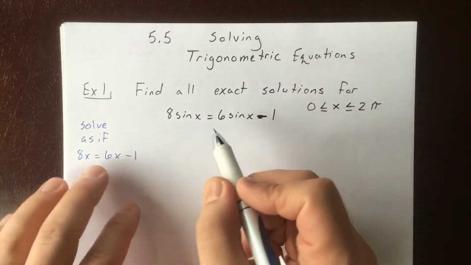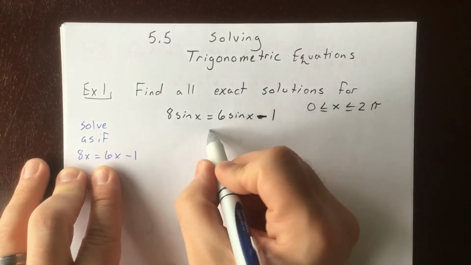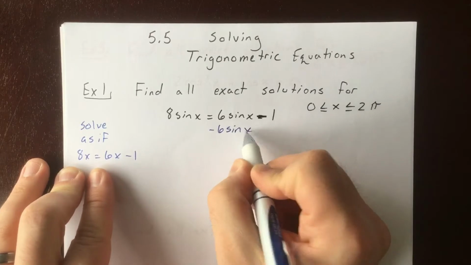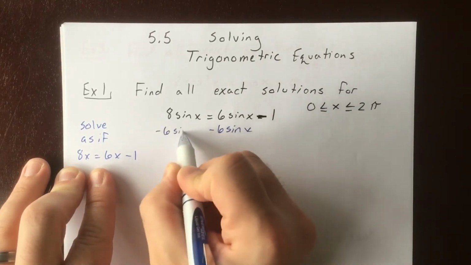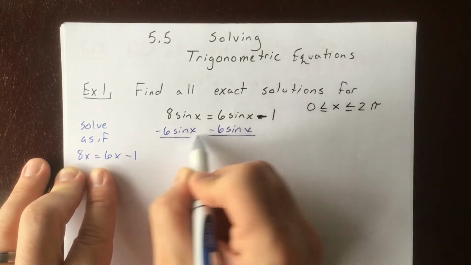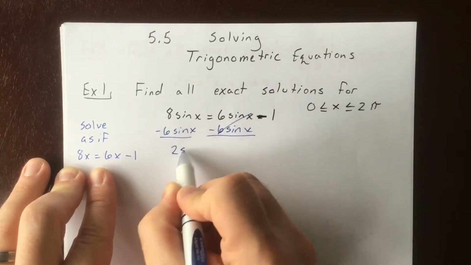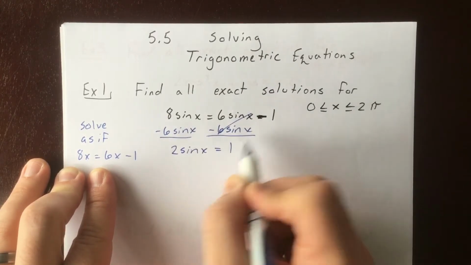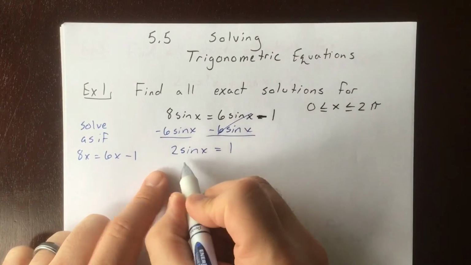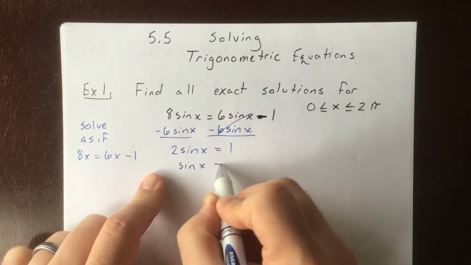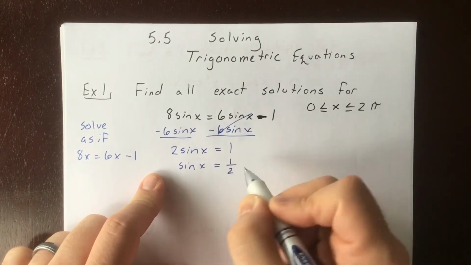So I'm just going to subtract 6 sine of x, leaving us 2 sine of x equals 1, and we would divide by 2 here, leaving us with sine x equals 1/2.